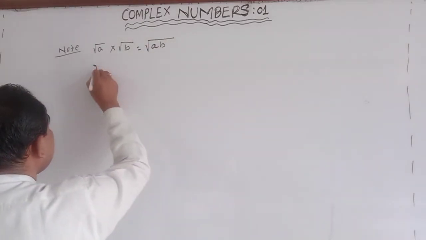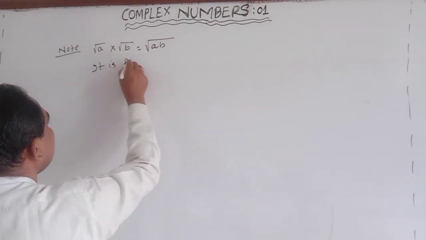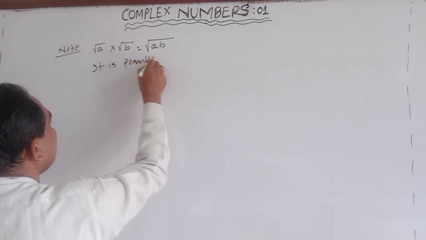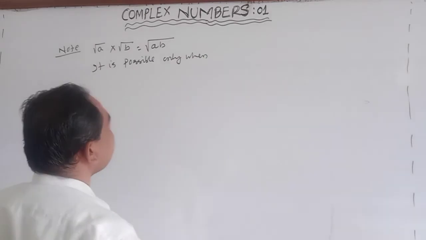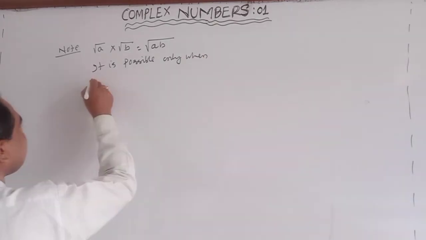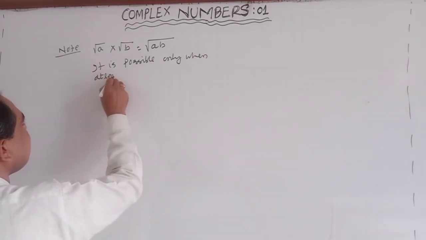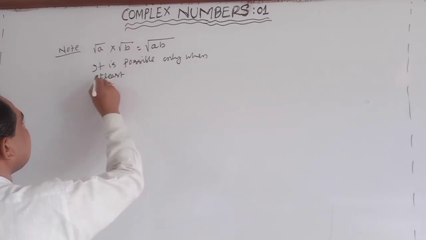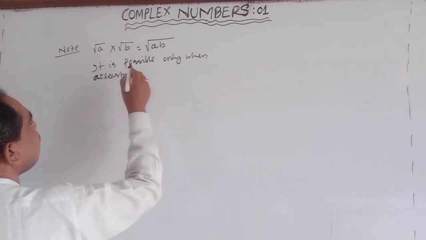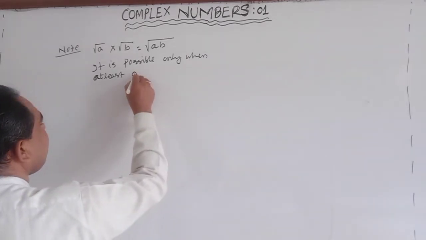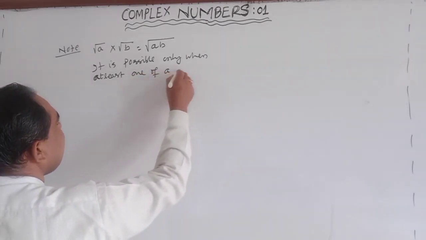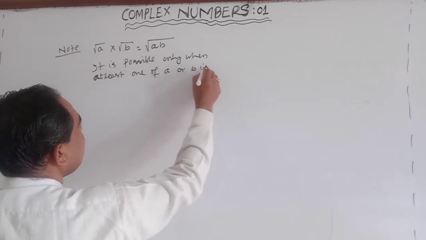It is possible only when at least one of a or b is positive.